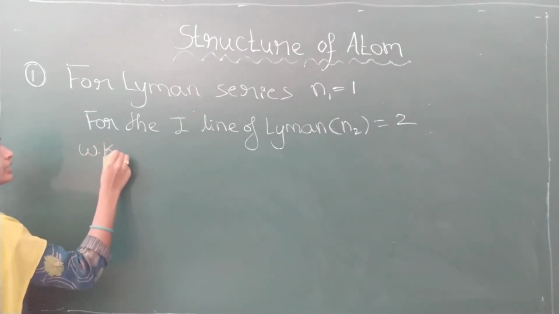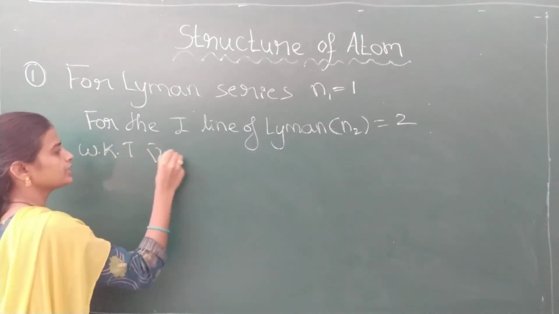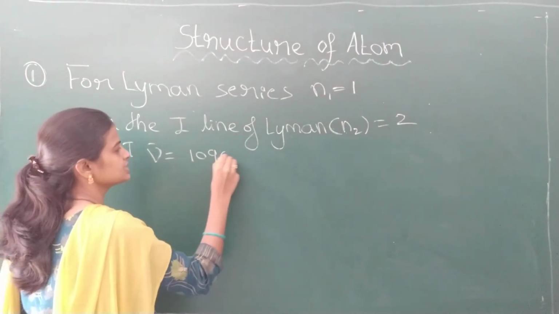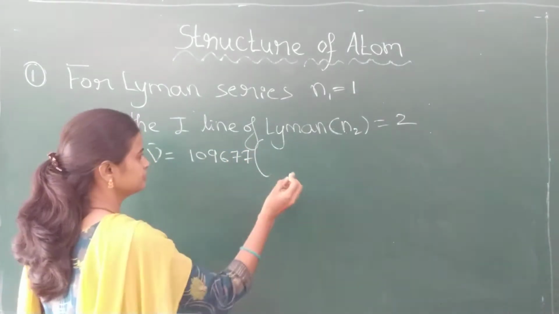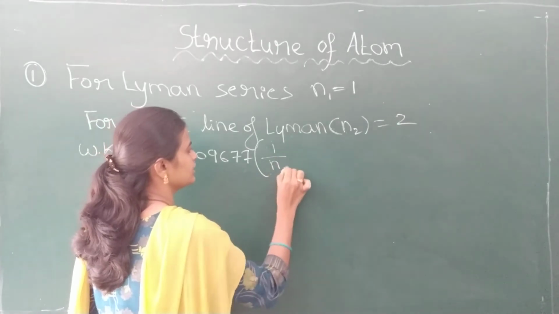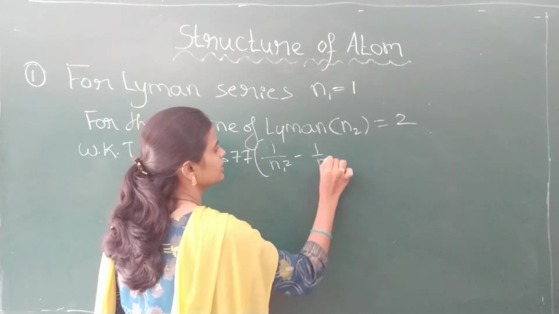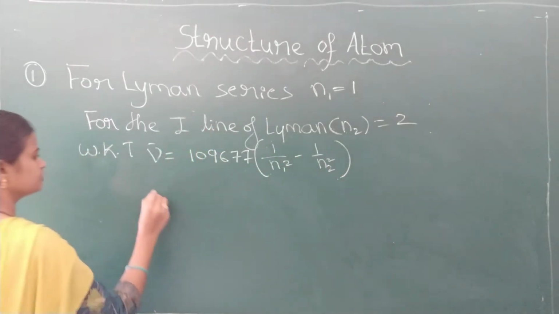We know that nu bar is equal to 109,677 times 1 by N1 square minus 1 by N2 square per centimeter.